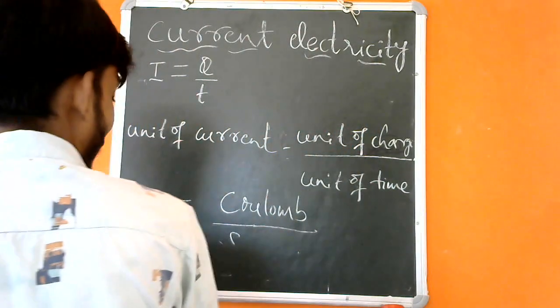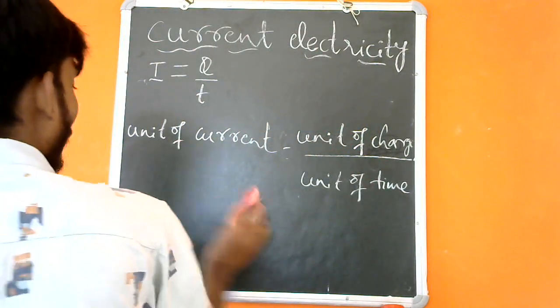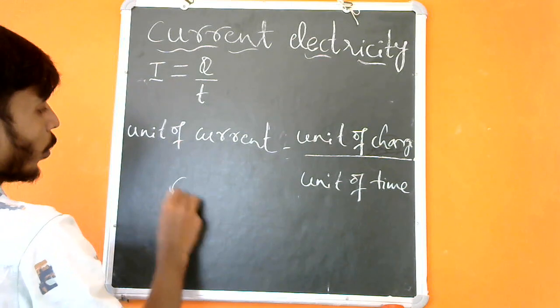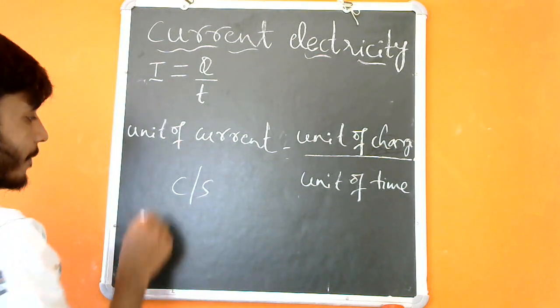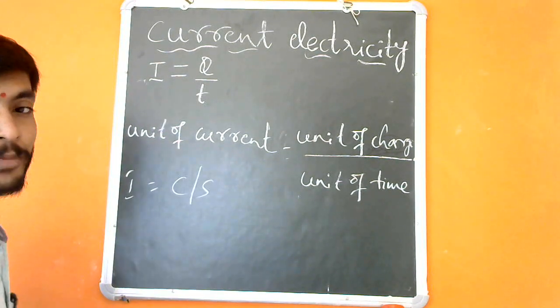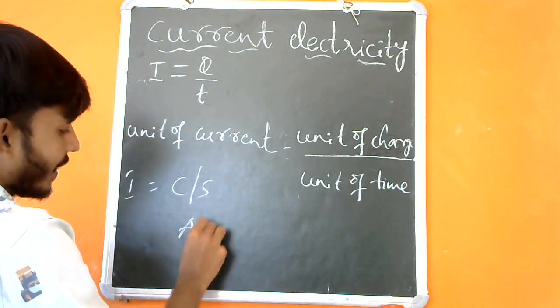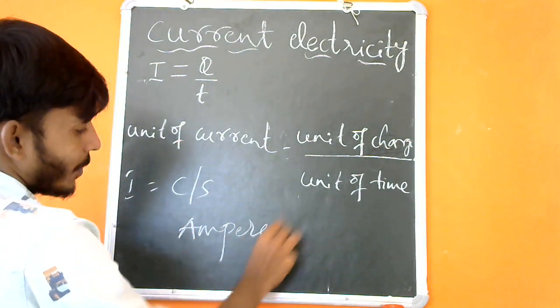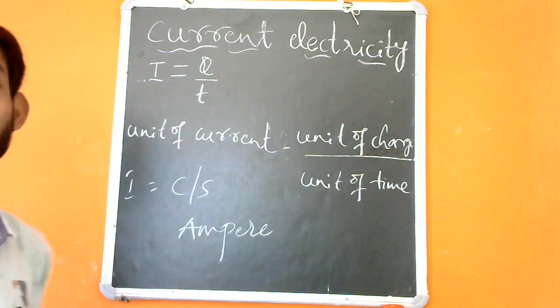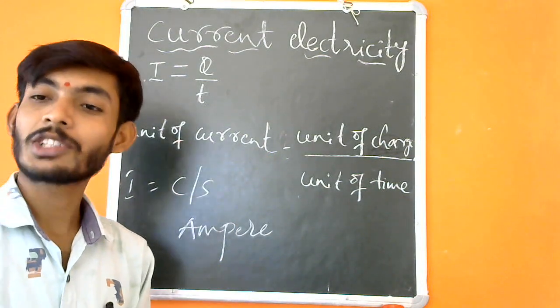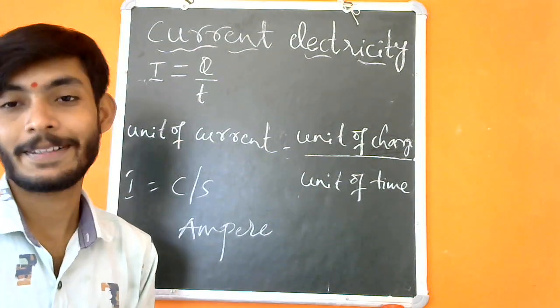So the SI unit of current is coulomb per second, where this coulomb per second is known as ampere. So this is the SI unit of charge, SI unit of time, and unit of current.